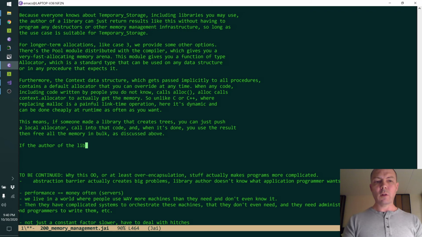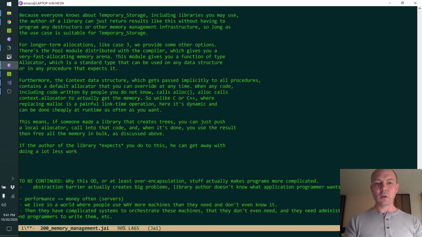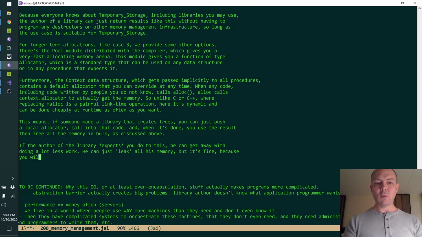If the author of the library expects you to do this, he can get away with doing a lot less work. He can just leak all his memory, but it's fine because you will deallocate all of it in bulk.